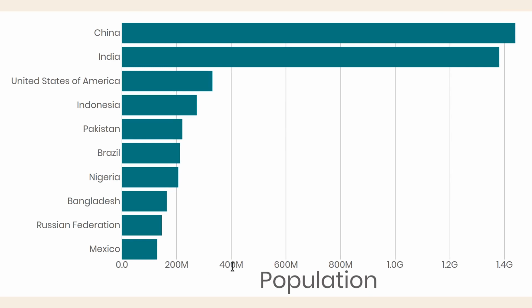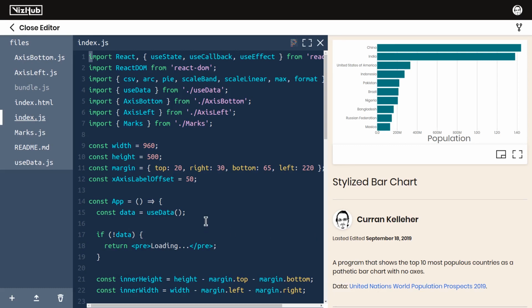200 million, 400 million, 600 million, 800 million, 1.0 G? I guess that means billion. G is the SI standard for billion, but I'm not sure people would get that, you know?